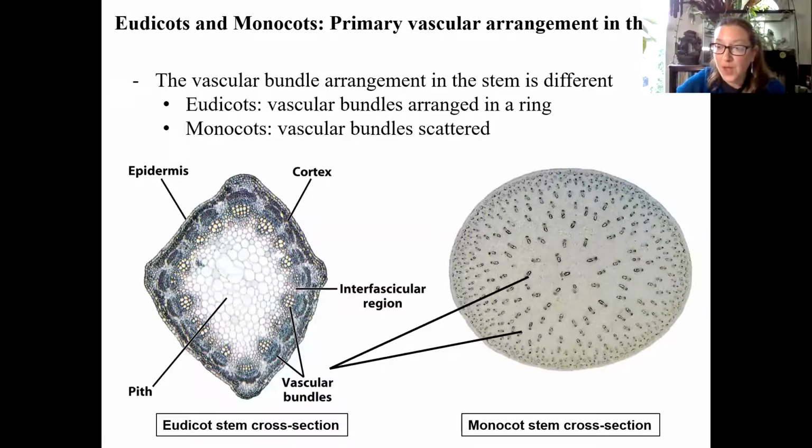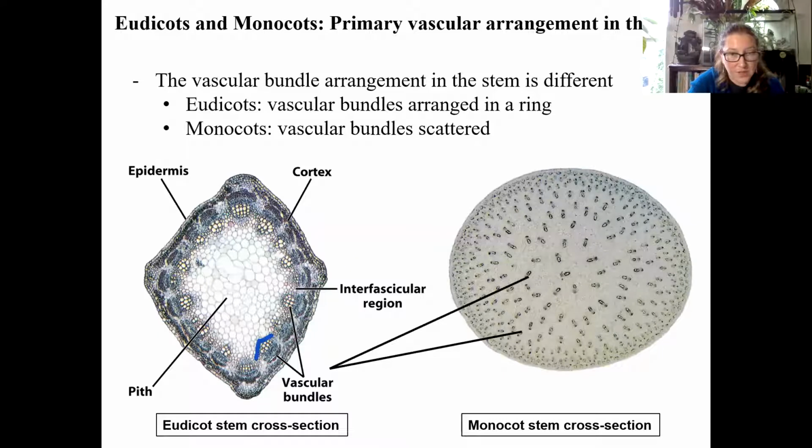Another thing that they have different is the way that their vascular bundles are arranged in the stem. So on the left here, you see a dicot stem cross-section. And on the right, you see a monocot stem cross-section. And in the dicots, the vascular bundles, let me change colors here, are arranged in a ring.